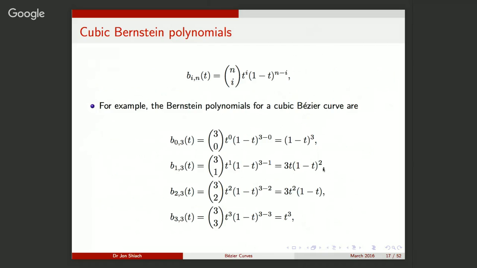And finally, when i is 3, 3 choose 3 is 1, t to the power 3, (1 minus t) to the power 0. So 4 Bernstein polynomials, not too difficult. And these are multiplied by our control points to define our Bezier curve.